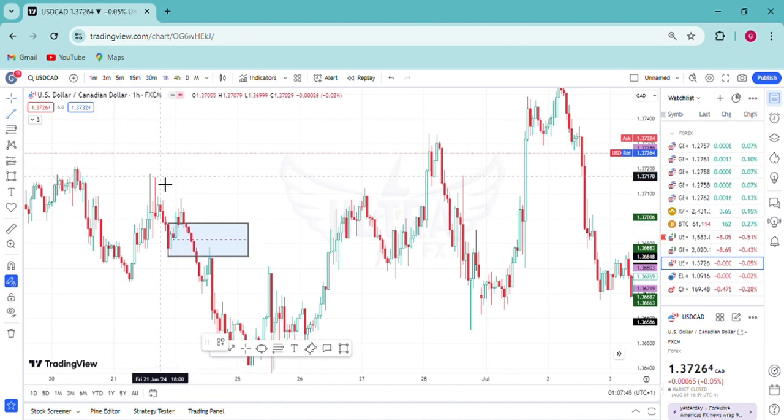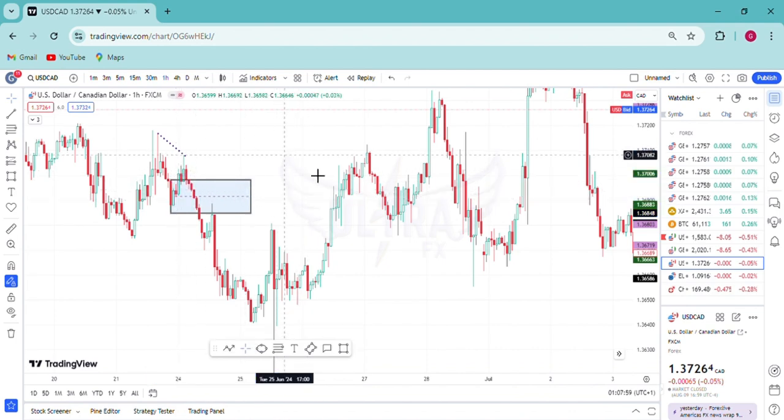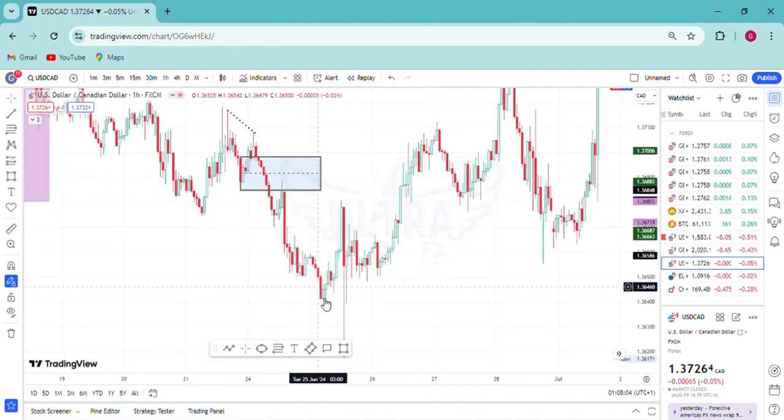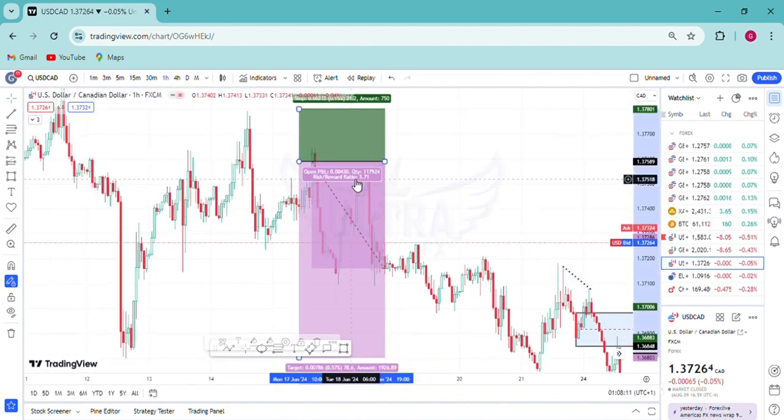Now this is to show that it is actually lower than the previous high. So what do we have here? A mitigation block. This is not a breaker, this is a mitigation block, right? So we can just enter here and take the trade to probably 1 to 2, 1 to 3. And okay, let me delete this.